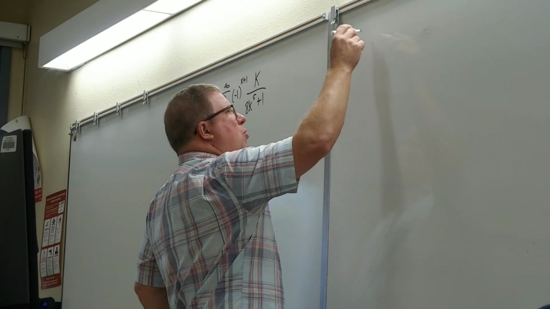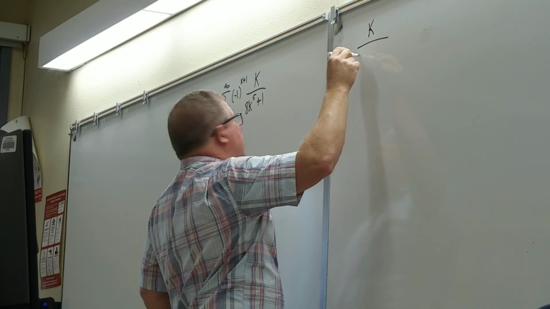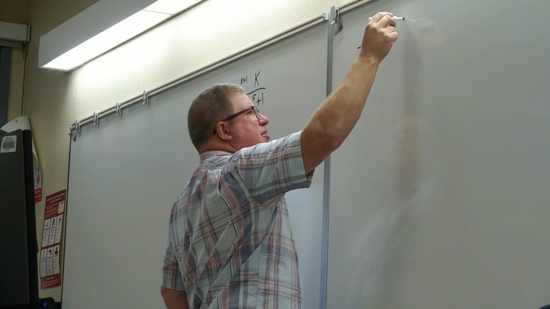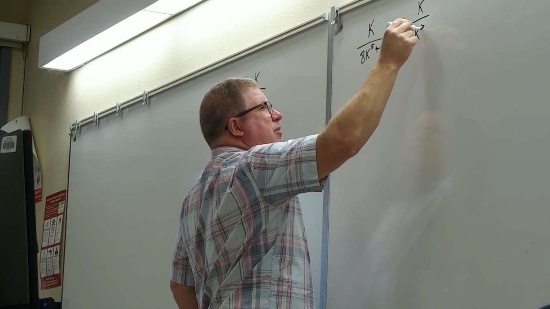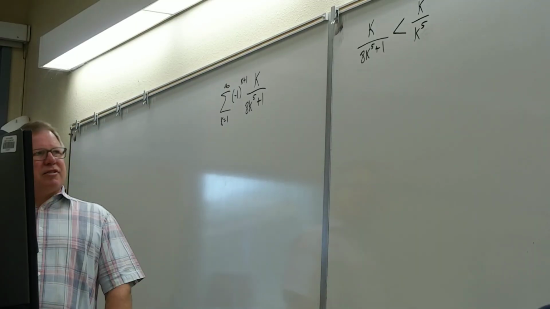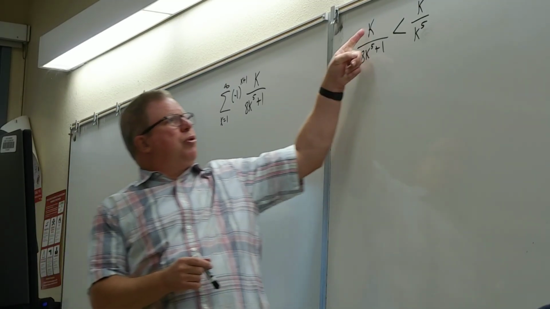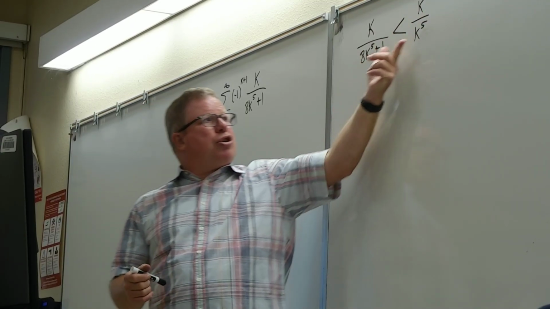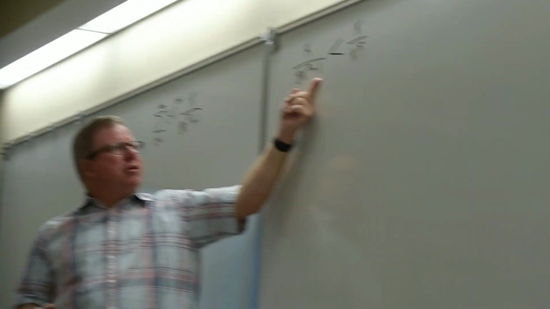Well, don't we know that k over 8k to the 5th plus 1 is always going to be less than k over k to the 5th? Don't we know that's going to be true? The numerators are the same, but this denominator is always going to be larger than that denominator because we're multiplying by 8 and adding 1.